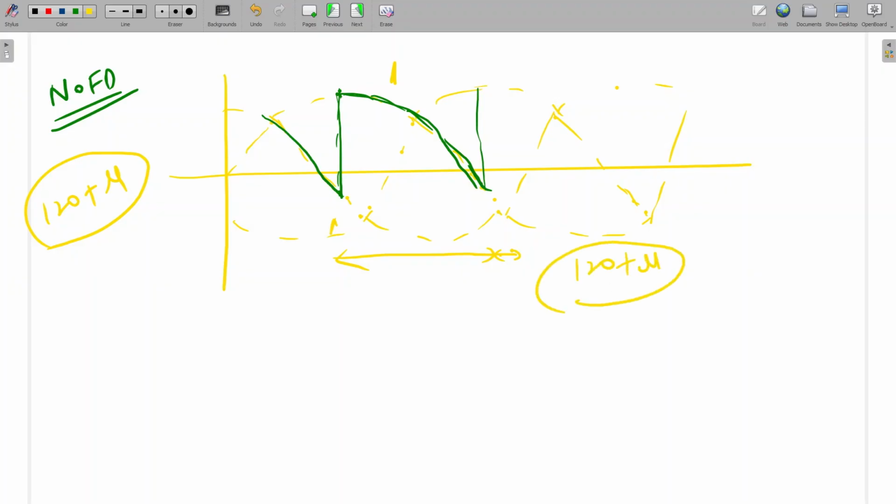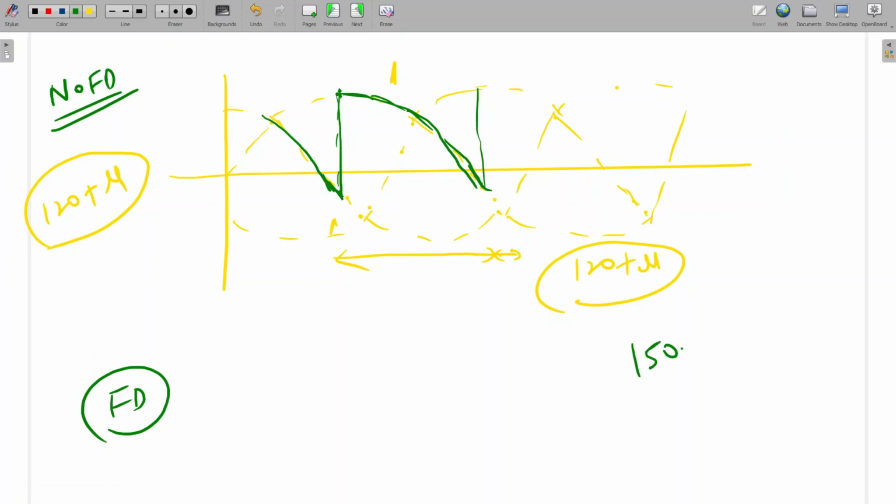If a freewheeling diode is there, what will happen? In this negative part, the thyristor will not conduct, so the freewheeling diode will conduct. That thing I already mentioned: 150 minus alpha.